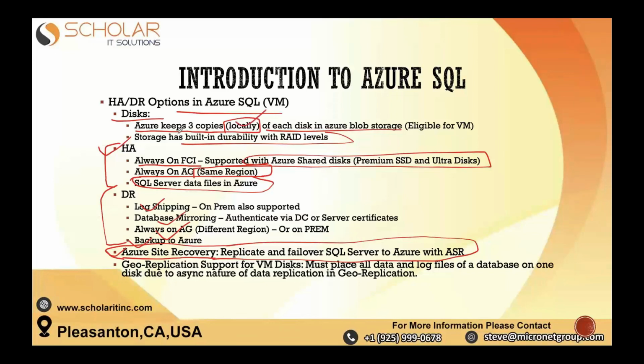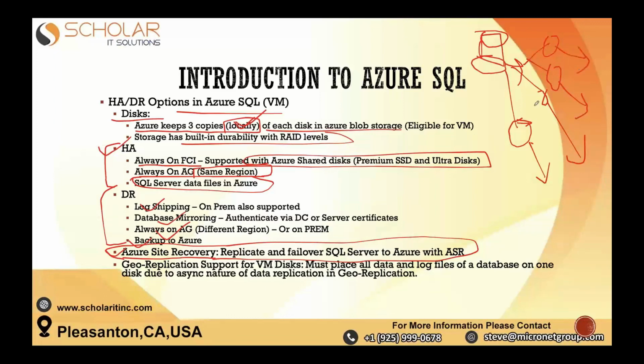I said locally. Azure gives 3 copies locally. Why not on multiple zones, multiple regions? Guys, if you have a database which contains multiple data files, and the data files are on each disk, in the background the synchronization is async. Each disk is synced in another region or another zone.